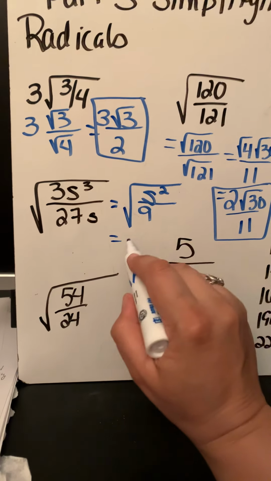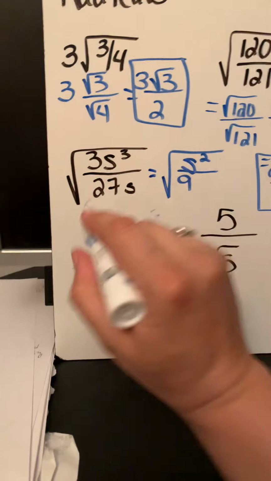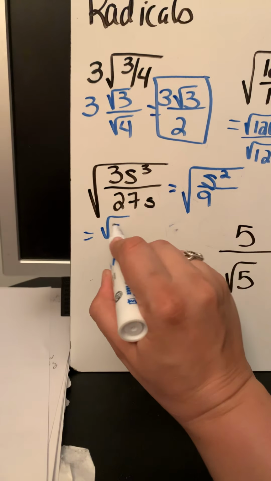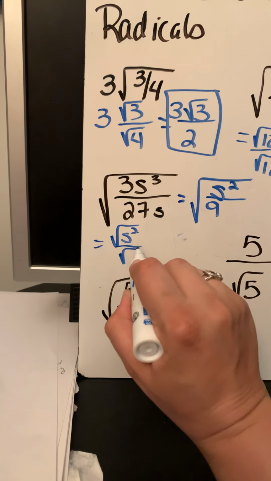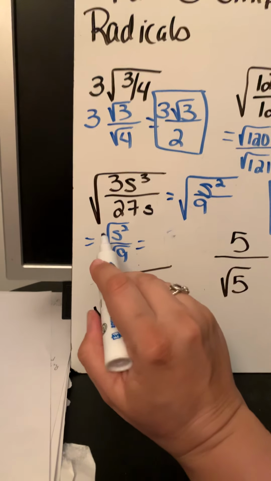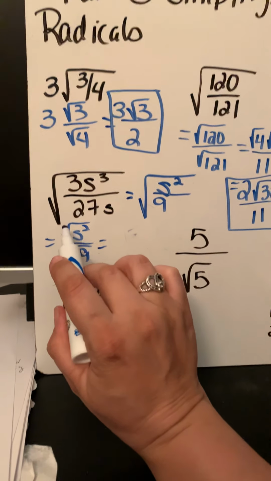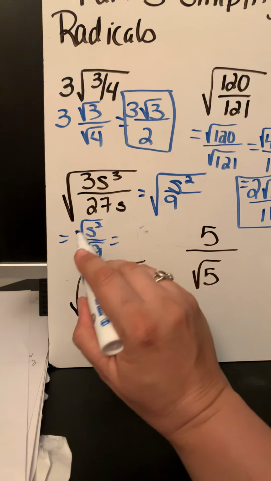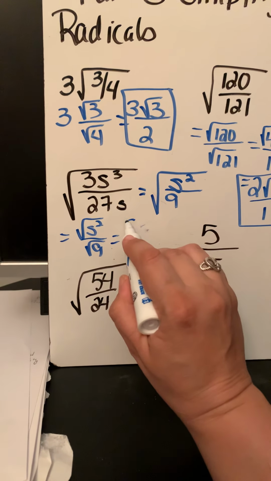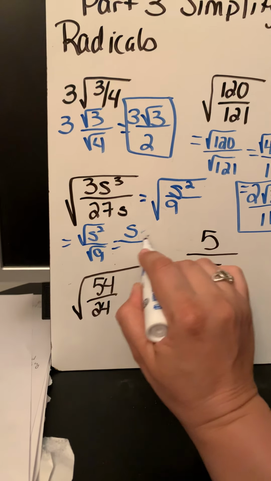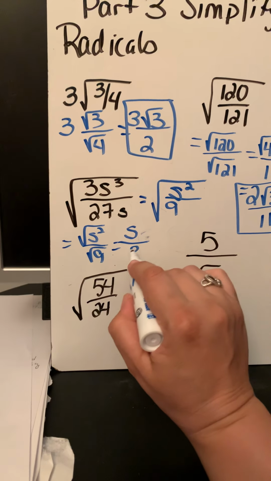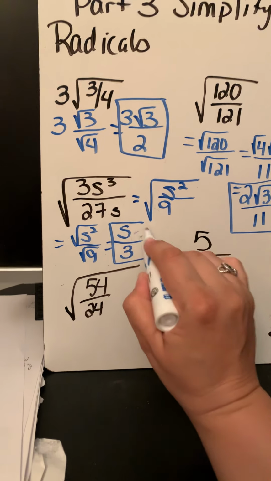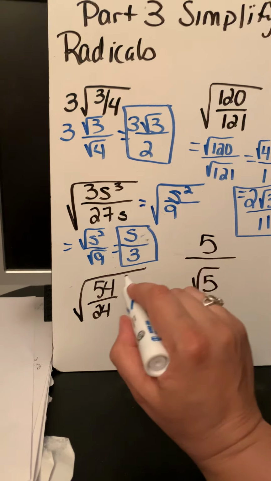Well, when I simplify this down, I'm going to have the square root of s squared over the square root of 9. Remember that little imaginary 2 that sits here? How many times does 2 go into 2? Once. So the square root of s squared is just s. What's the square root of 9? 3. So my solution for this one here would just be s over 3.